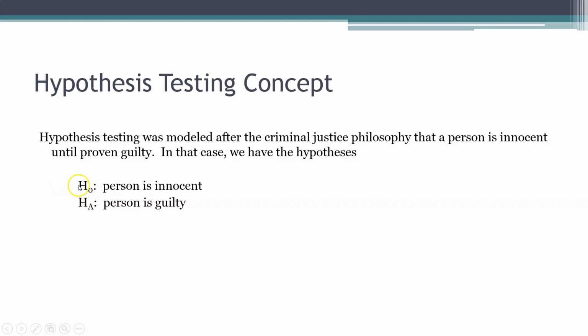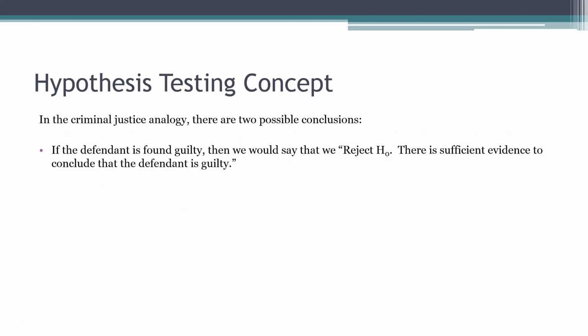So we fail to reject H naught, which means we cannot conclude what's in the alternative hypothesis. Now that sounds like a double negative, but it's really not. When we say we fail to reject H naught, what that really is telling us is that it's inconclusive, which is, I know, very unsatisfying, but that's the reality of it.